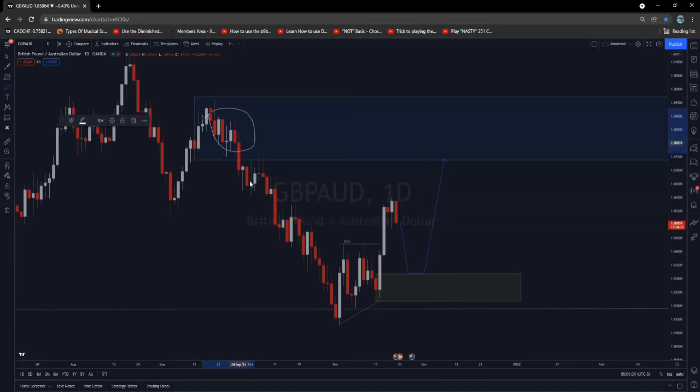We only had a strong departure here. The market eventually had to fill in the orders here with this movement over here.